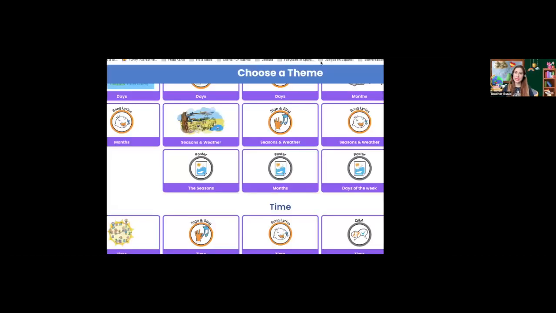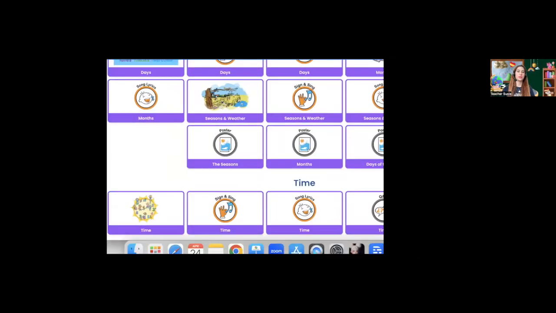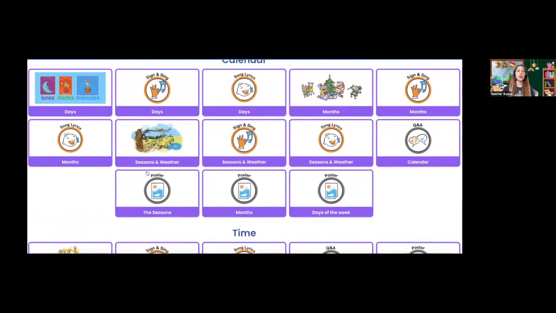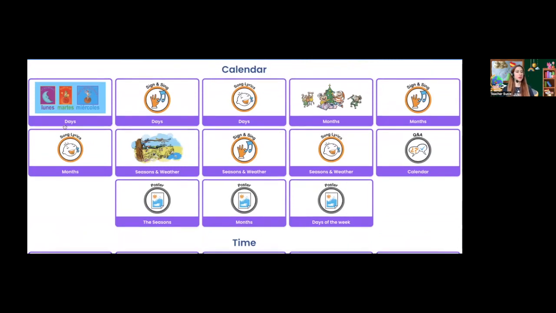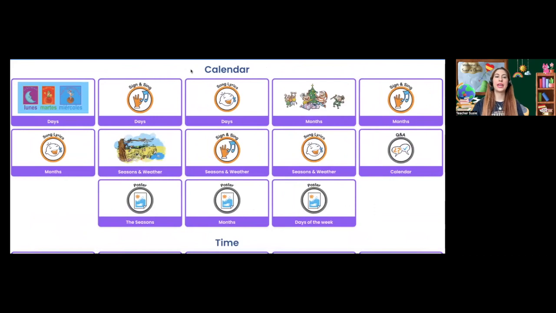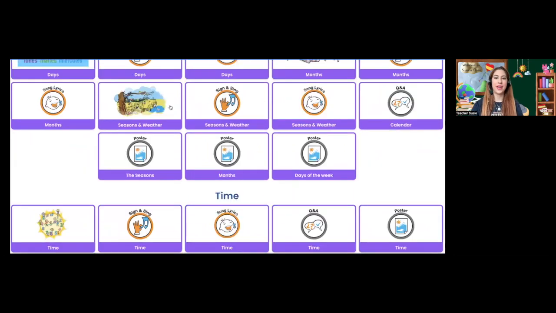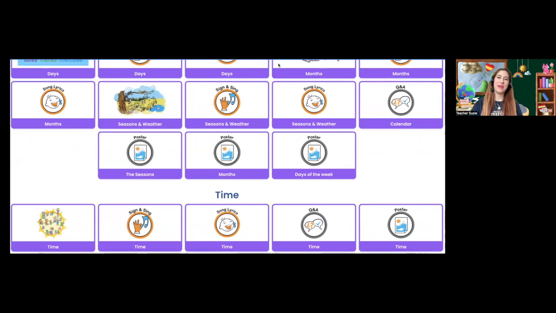As you know, en la última clase, last time, we learned about los meses del año, months of the year, los días de la semana, days of the week, las estaciones, seasons. Long story short, we learned calendario, the calendar. Pero hoy vamos a aprender el tiempo. Vamos allá. Let's do it.